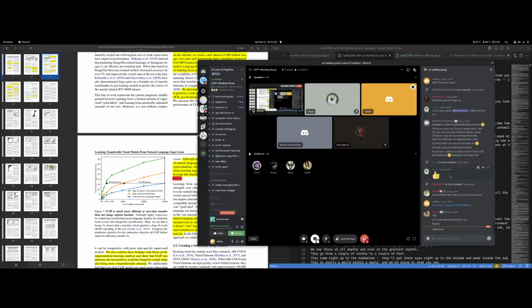Rabbit hole. I guess that's in reference to when I was talking about the papers at NeurIPS, or is that? I'm not sure I know what the context of that comment is.